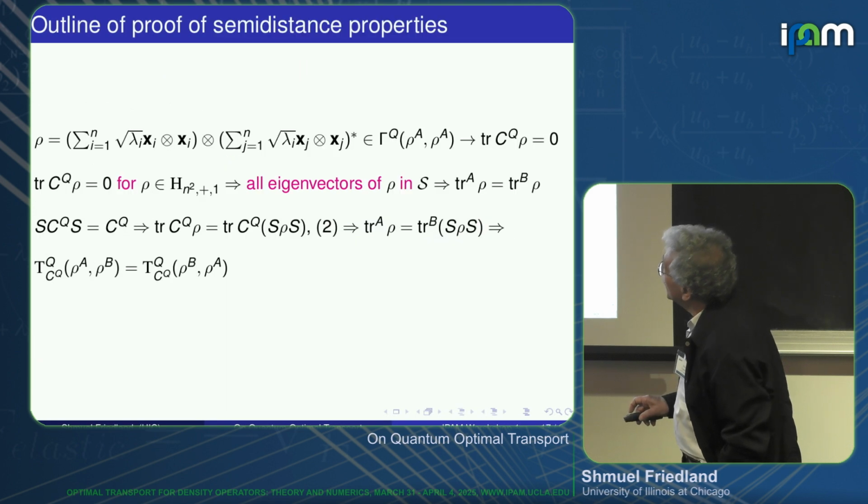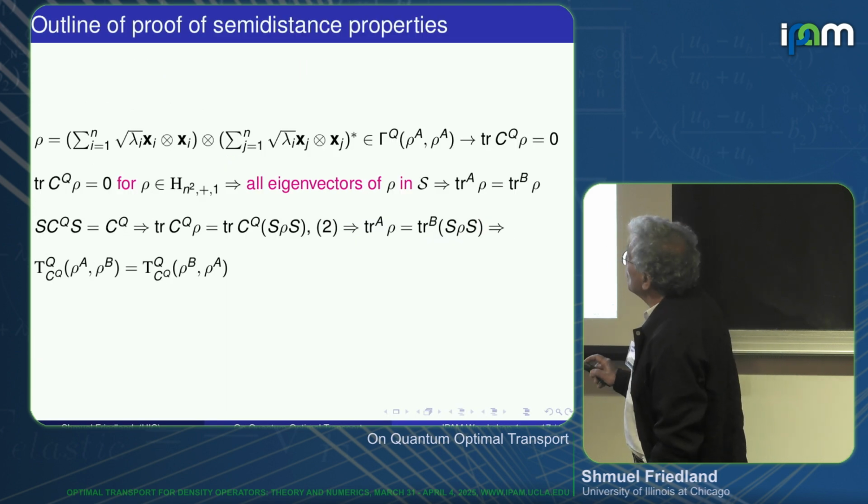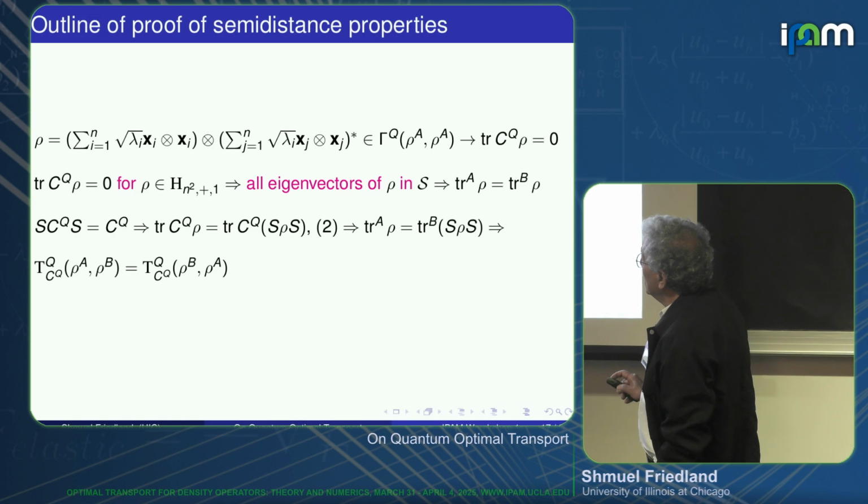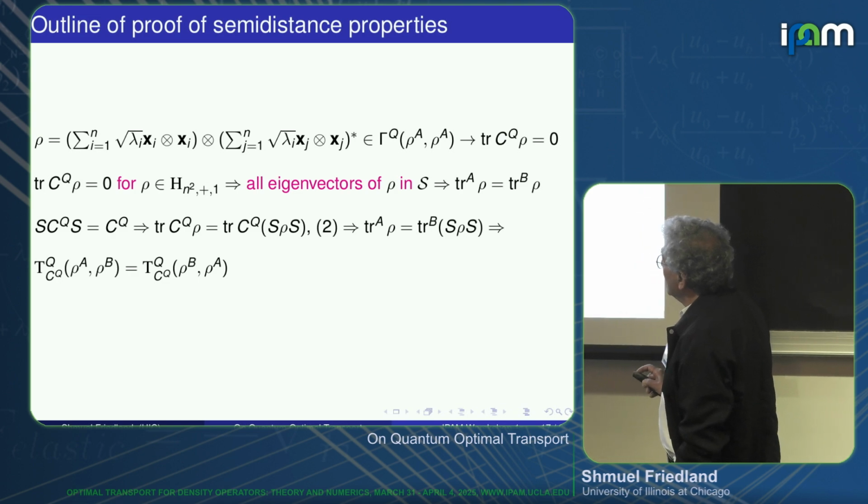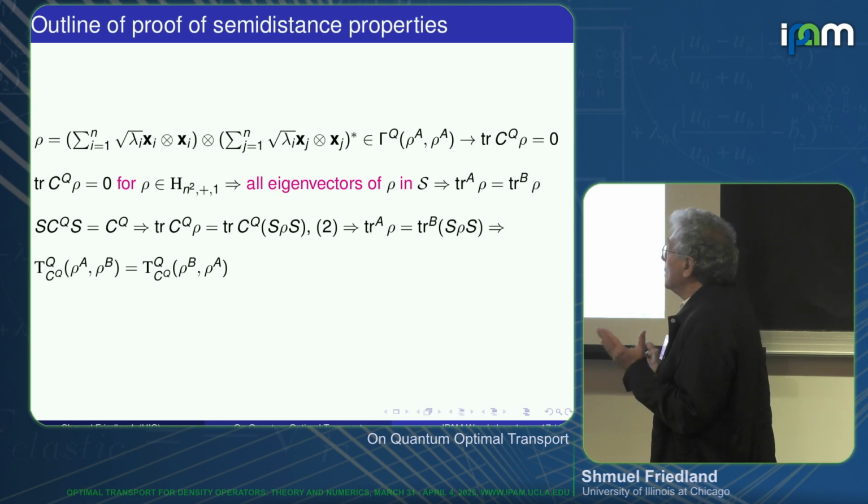Okay, next. So this is how you prove the semi-distance property. If you have row 1 equal to row 2, and this is the decomposition, this gamma q row B is a symmetric tensor, and therefore the trace with the skew-symmetric operator is 0, but it's always greater than 0 otherwise. The other direction, you show it.